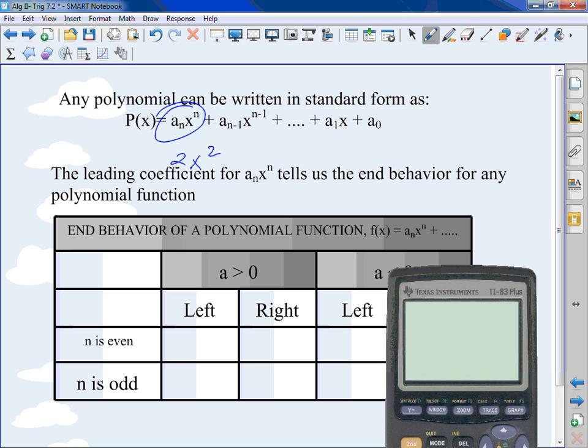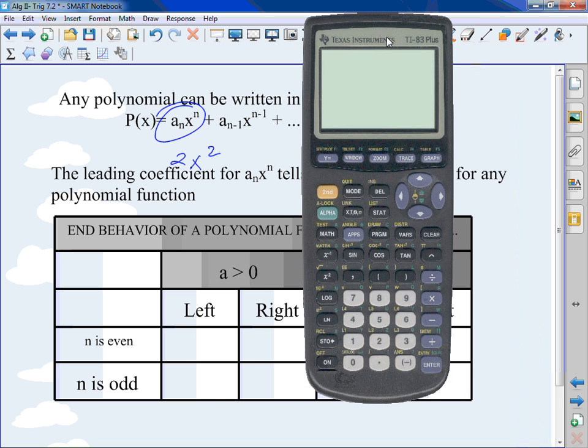Let's use the smallest one, 2. We'll do 4 next. All right, 2x squared. Zoom 6. Looking at my graph, to the left, how does it open? How is it pointing? Up. To the right, how is it pointing? Up. Yes, there's stuff that happens in the middle.